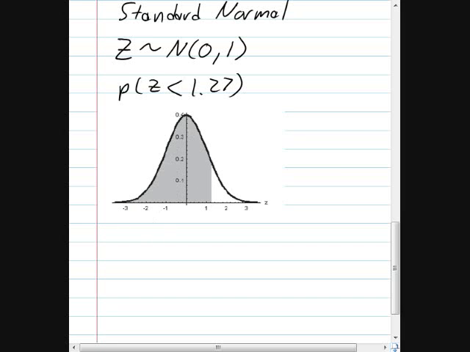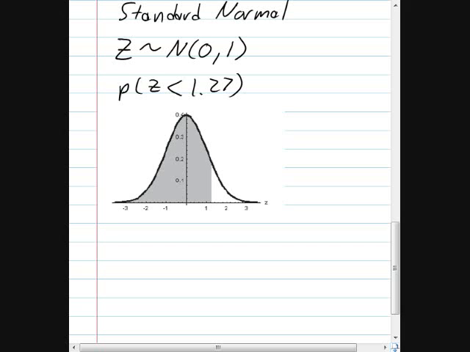The table provided in the appendix of your textbook is the standard normal CDF table, where CDF stands for cumulative density function. Remember, we like to think of reading graphs from left to right. What a cumulative density function does is, given a specific value, it gives you the total area under the curve up to that value.